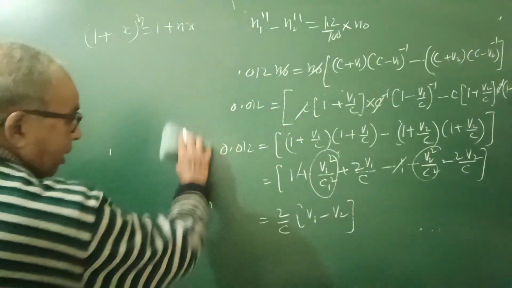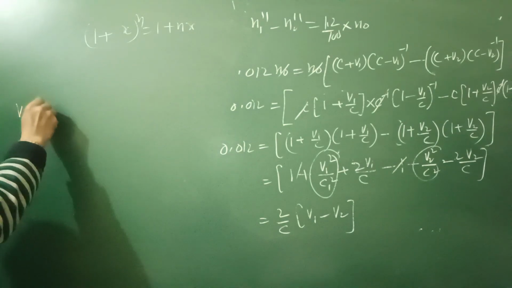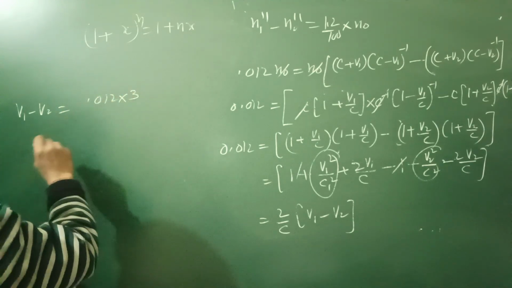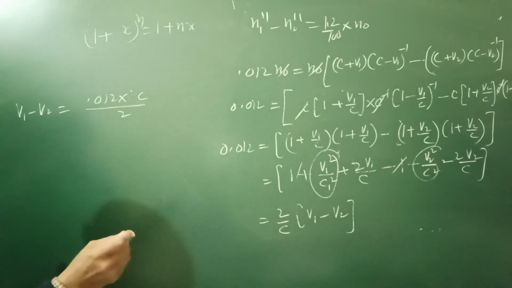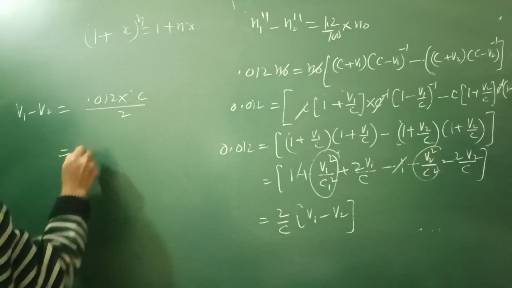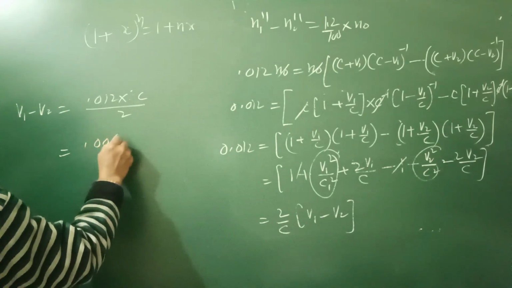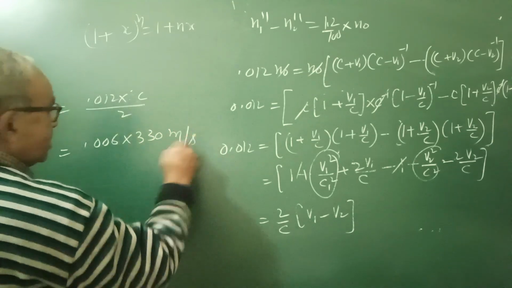So that way V1 minus V2 is equal to 0.012 into C upon 2. C is given as 330. So 0.006 into 330 meter per second.